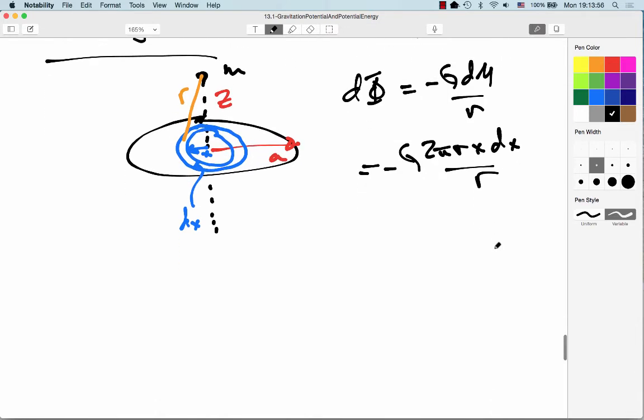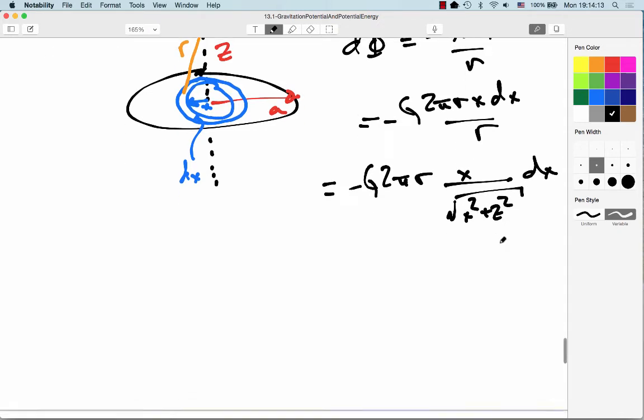Now r depends on x, so we're not done yet. So we get that this is minus G 2 pi sigma. Those are all constant there. I'll have x over root x squared plus z squared dx. Okay, now we're good to integrate.